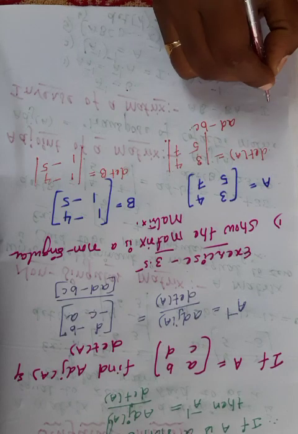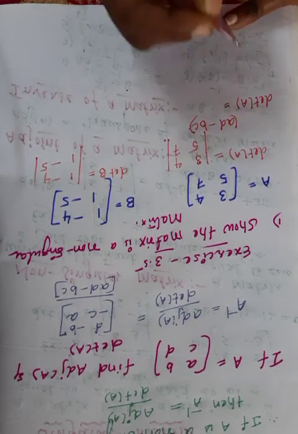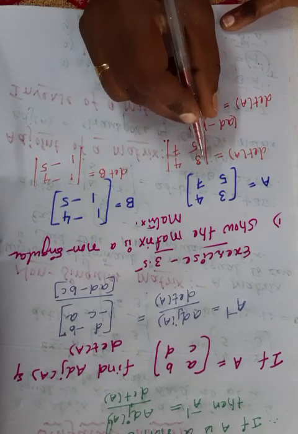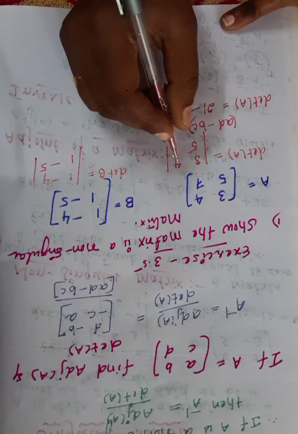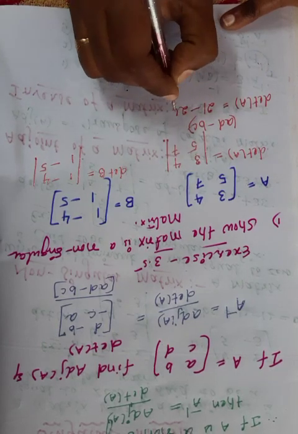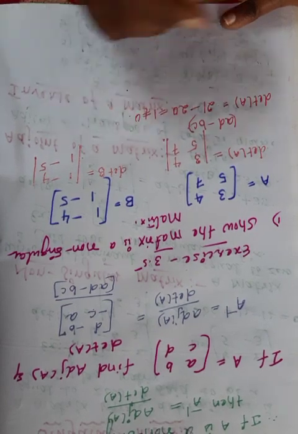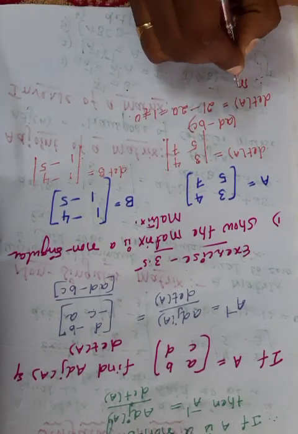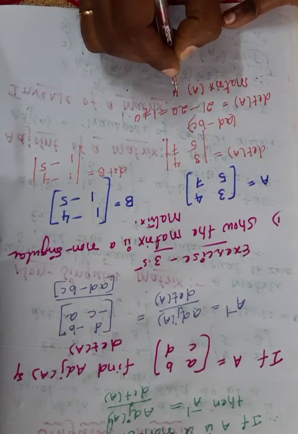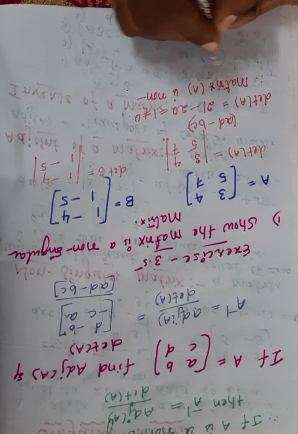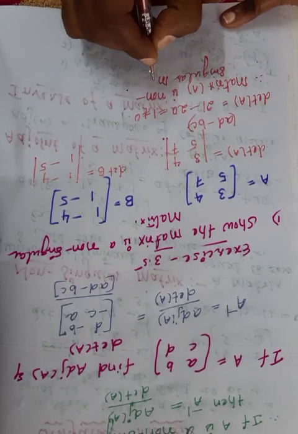So det A is equal to A into D, which is 3 into 7. 7 3s are 21, minus B into C, 5 4s are 20. 21 minus 20 is 1, which is not equal to 0. Therefore, matrix A is a non-singular matrix.